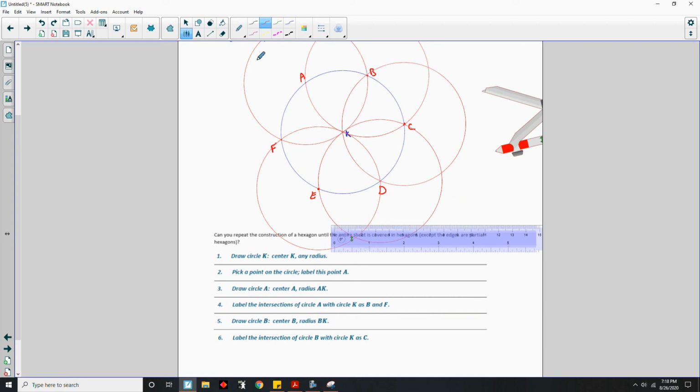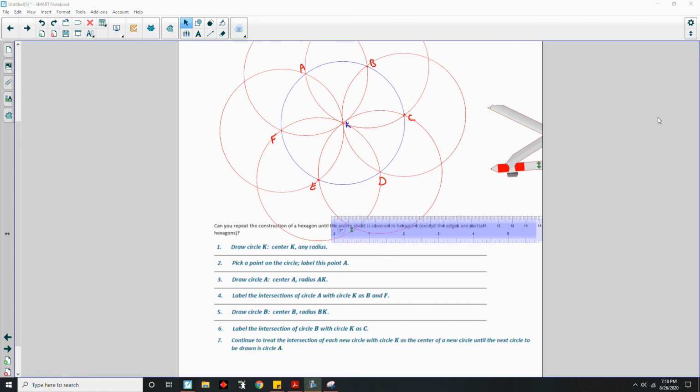There's how many circles? 1, 2, 3, 4, 5. And then the blue one is 6. And then if I wanted to do it again from F, that'd be my 7th circle of the same radius. So if the radii are all the same, then all the segments that connect these dots will be the same.